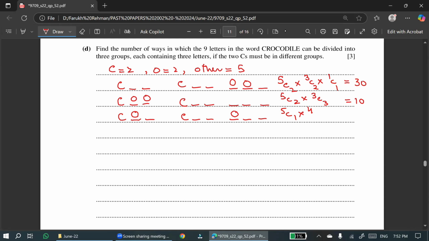From the remaining four, we will place two alphabets in the second group, and we will place two elements from the remaining two in the third group. And the options are 30.